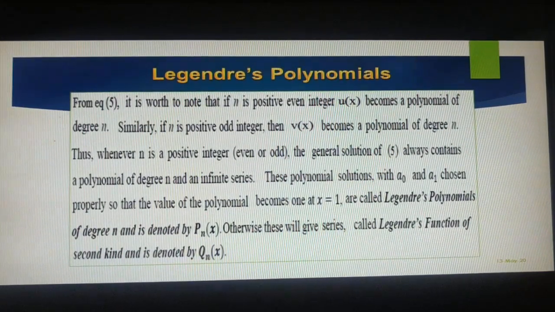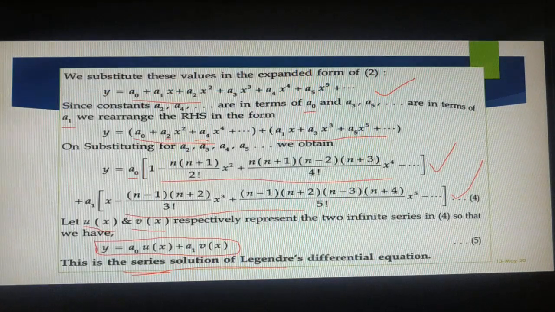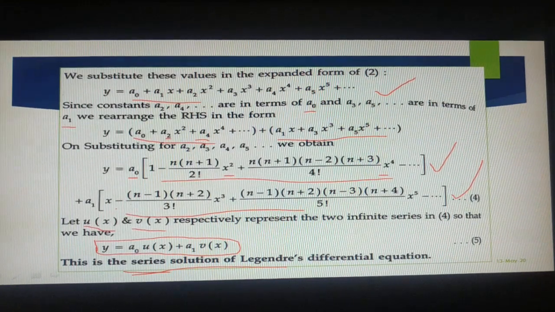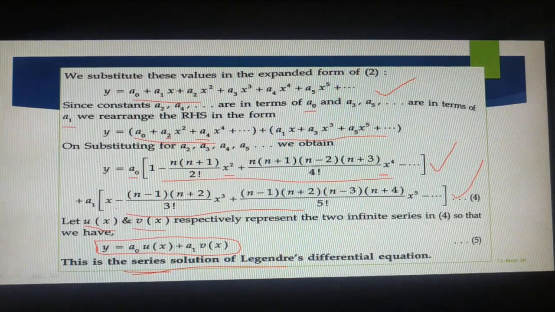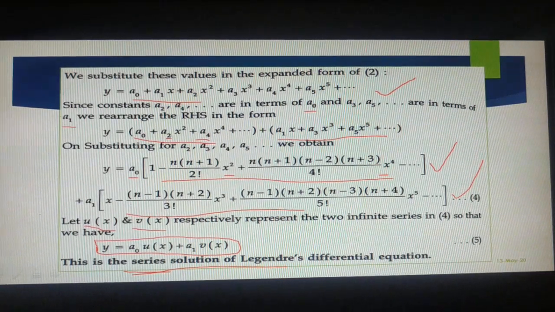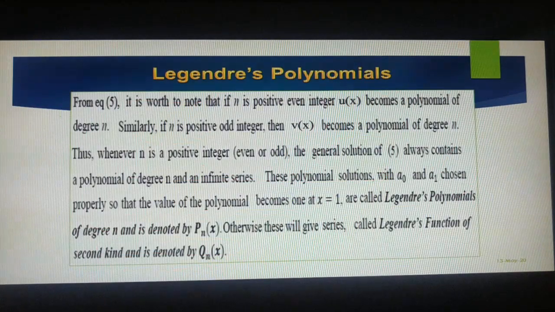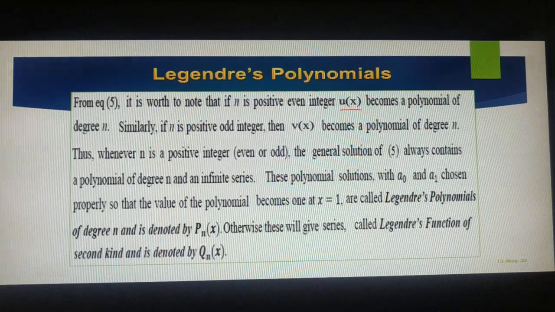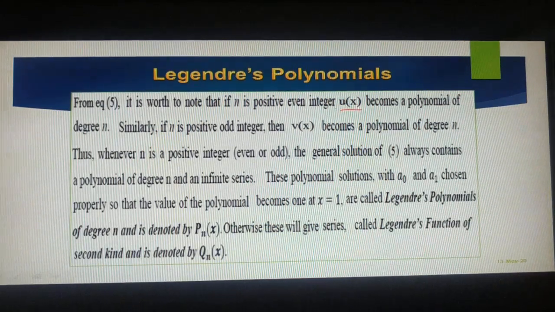Right, now if you see in equation 5, we have terms like x square, x to the power of 4, all even terms, polynomials, isn't it? And here x cube, x to the power of 5, all are again odd terms in terms of some polynomial power. So what we are trying to tell you here: I already represented u of x as the first series.